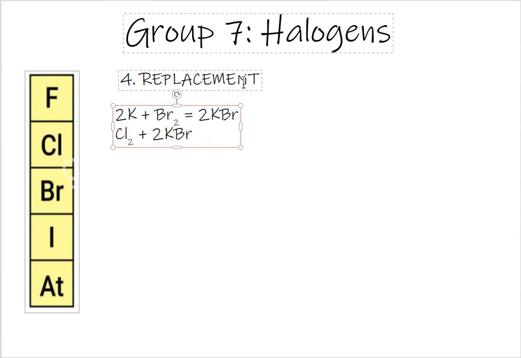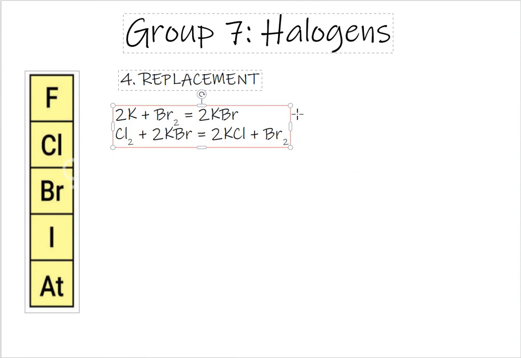But then you're wrong, because as we said before, chlorine has a way, way, way higher reactivity than bromine. So what would happen is the Cl2 will combine with the potassium, and it'll become 2KCl plus Br2, like 2 bromines, like that.